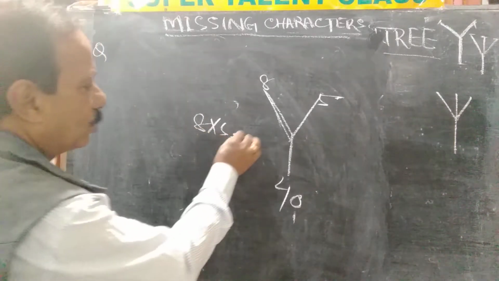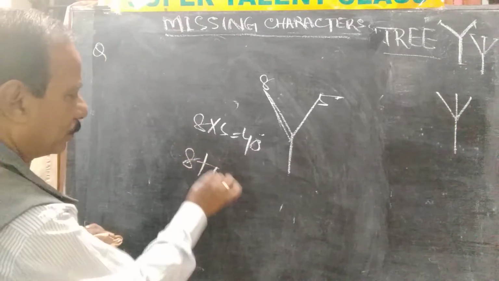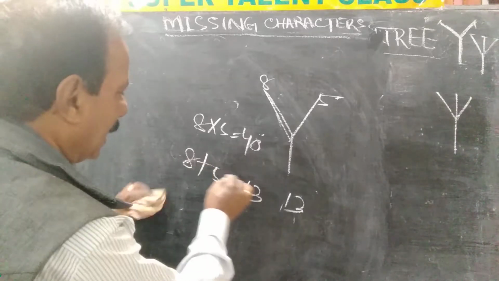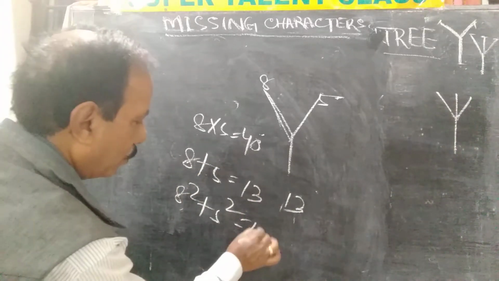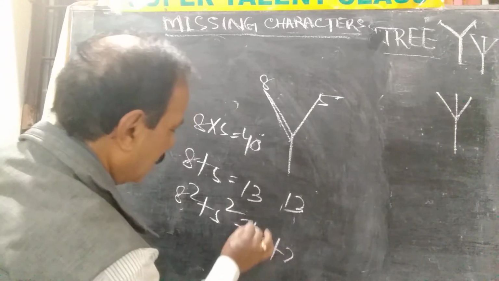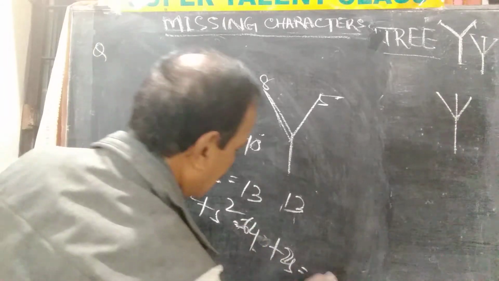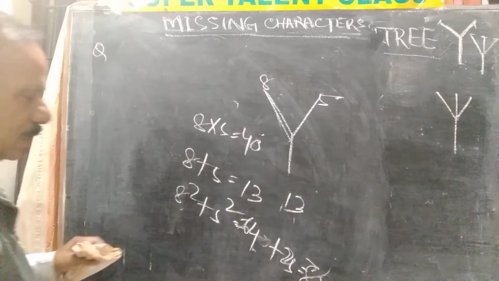Look, 8 into 5 is 40. Then 8 plus 5 is 13. Look, 13 is possible, so 8 square plus 5 square is also possible. Look, 40 plus 64 plus 25, 89, right?